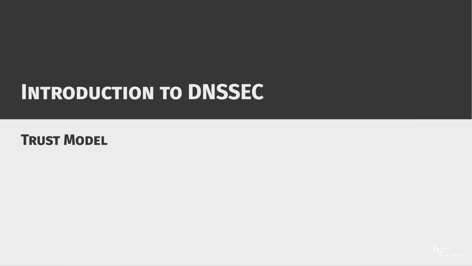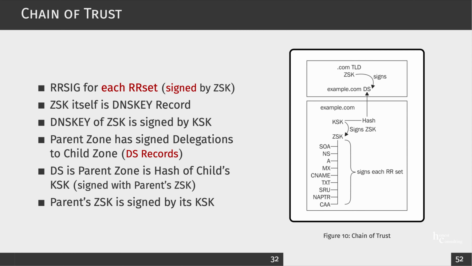So now we understood what DNSSEC is actually doing, what types of DNS records are involved in this, and what types of records we use to create the so-called chain of trust. And the trust model itself is the next topic in our slide deck.